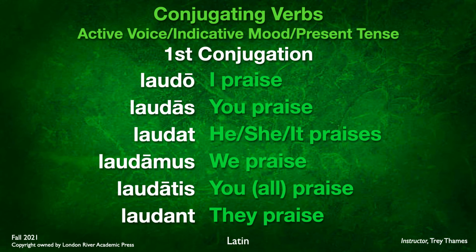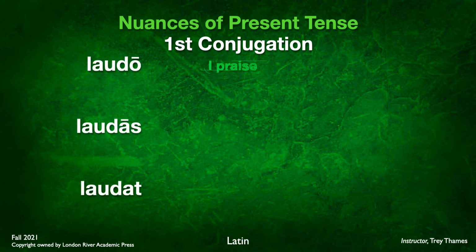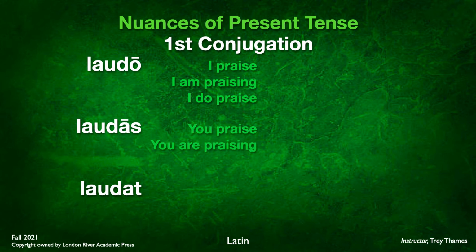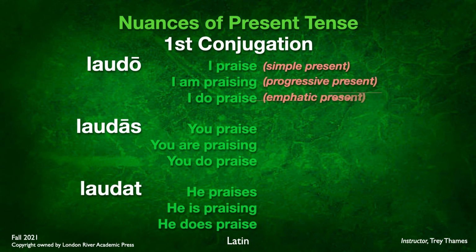Now, keep in mind that when you translate, there are different nuances of how you translate this. You could say I praise for first person singular present tense, but you could also say I am praising, I do praise, and these are what we call the simple present, the progressive present, and the emphatic present.